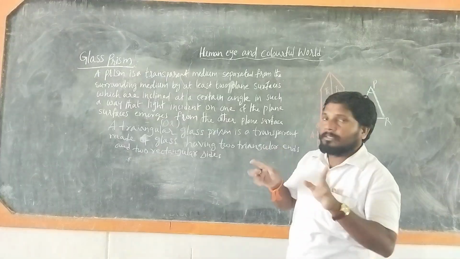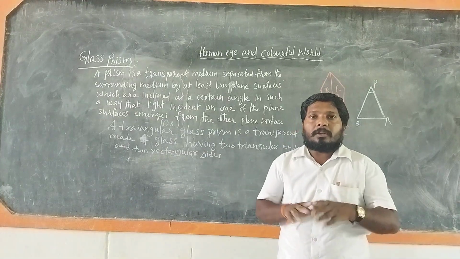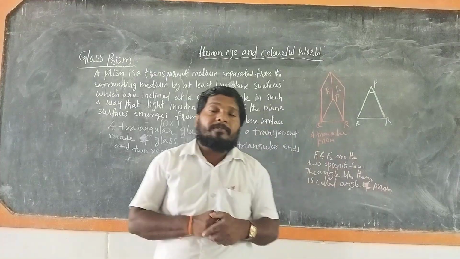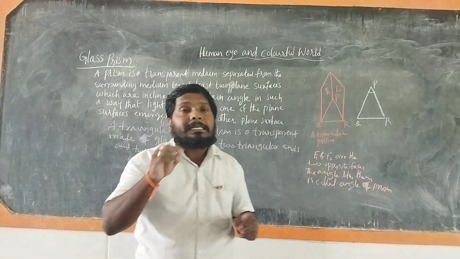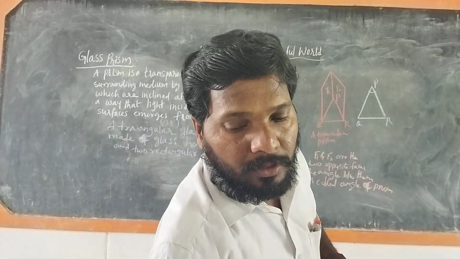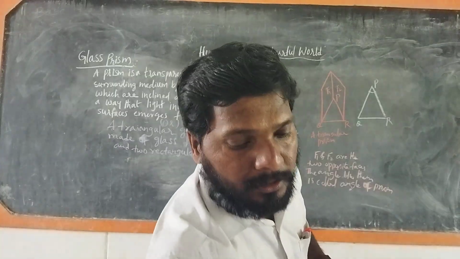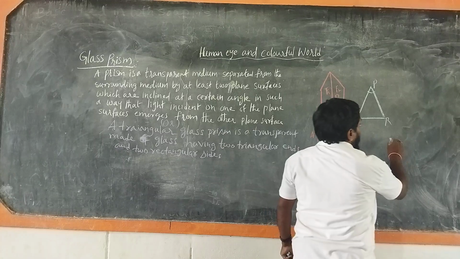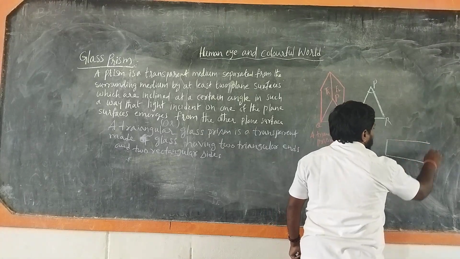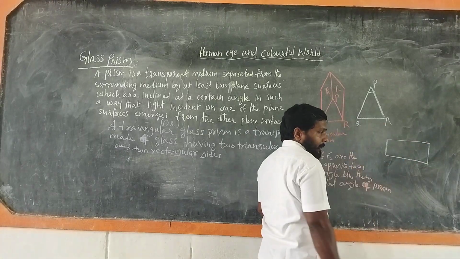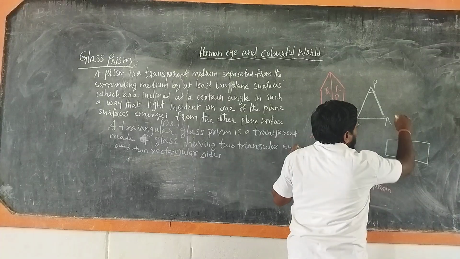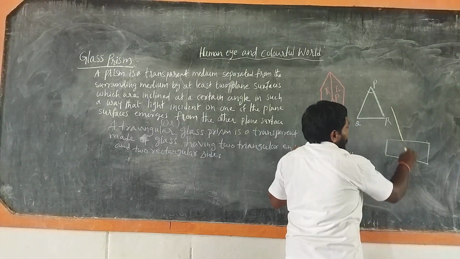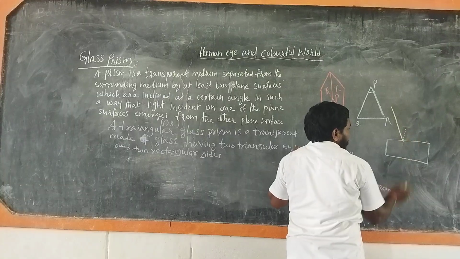As we discussed earlier, refraction of light through a glass slab: when light passes through a glass slab, if this is the incident ray, we should draw the normal.